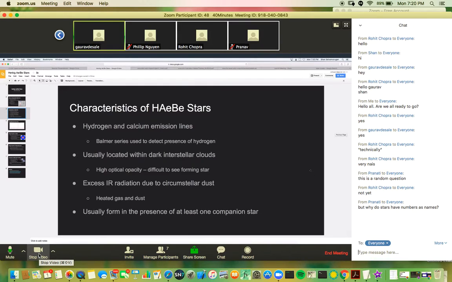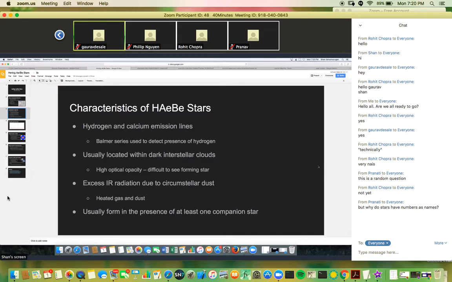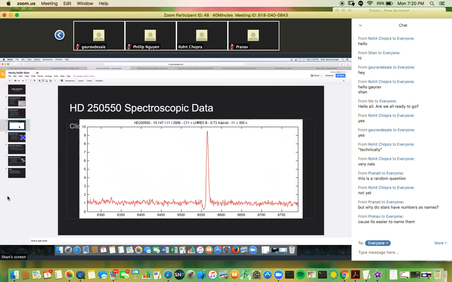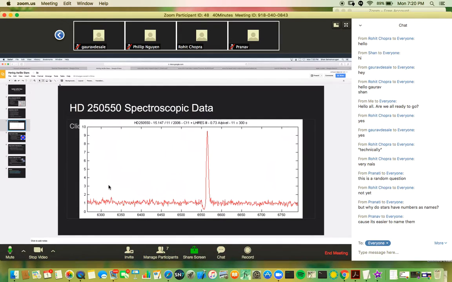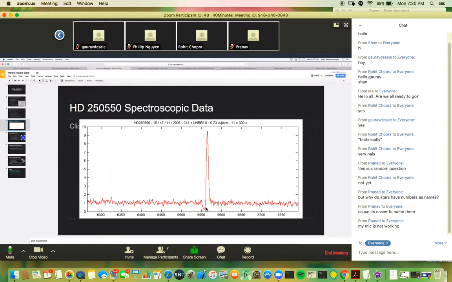I would like you to show the H alpha profile in red. Which slide is that? This one? Correct, yes. So if you all see, this is a hydrogen line, H alpha, the Balmer alpha line.